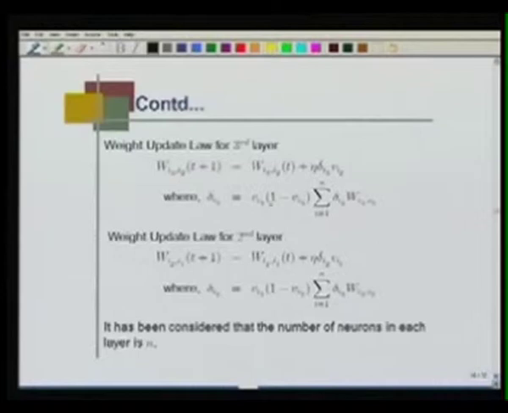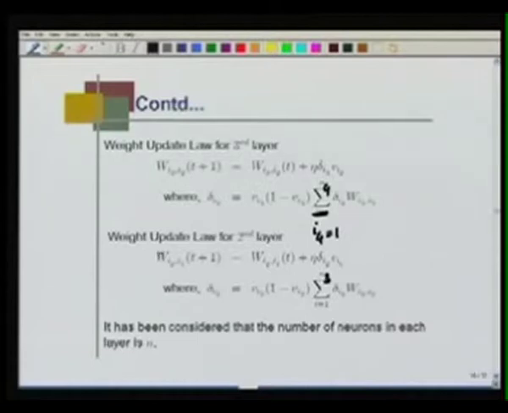Delta_i3 is V_i3 (1 minus V_i3) times the sum of delta_i4 W_i4i3, where i4 goes from 1 to n, or whatever the number of units in my Lth layer. Similarly, this is N_L, N4, and similarly this is N3.